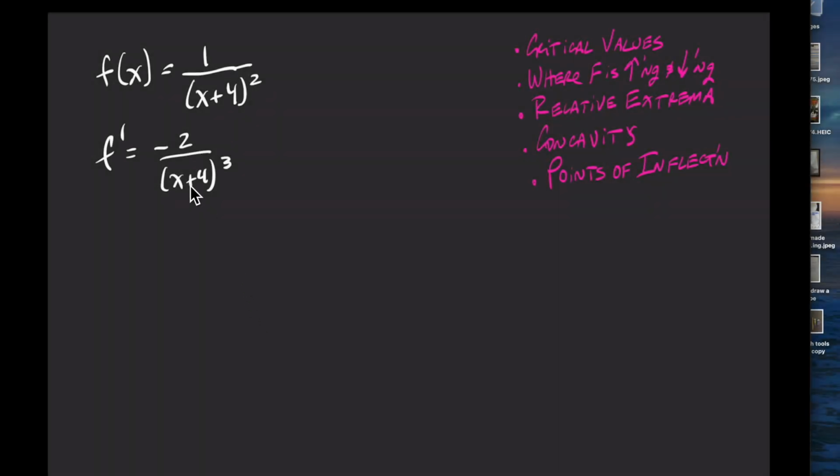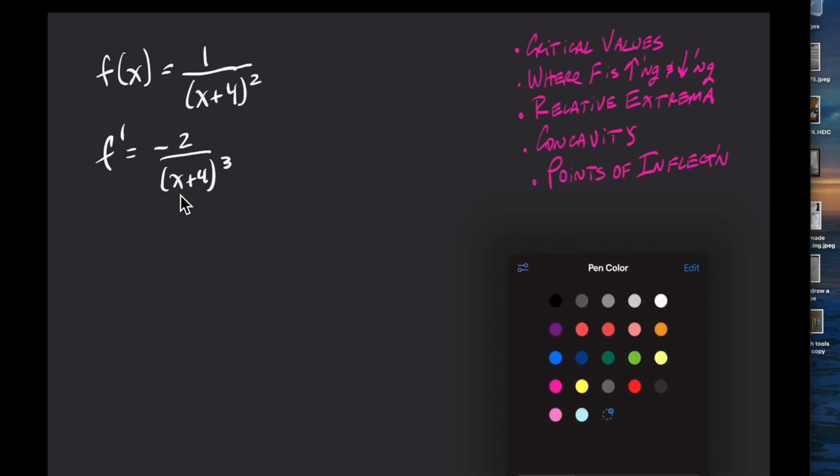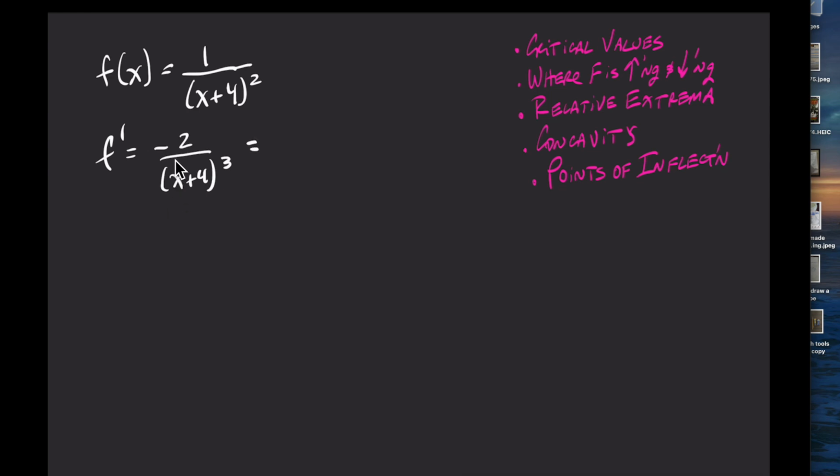Folks, I want to point out something to be cognizant of. If you're given a function, this is 1 over (x plus 4) squared, and we're asked to find where it's increasing, decreasing, and the relative extrema, we're going to go ahead and get the critical values. We take the first derivative, shown here, and set it equal to 0, which doesn't exist.